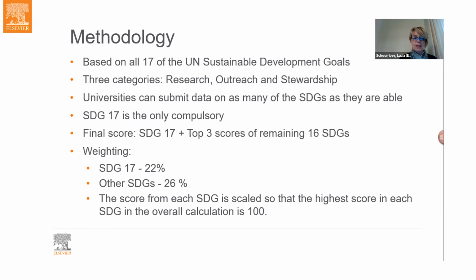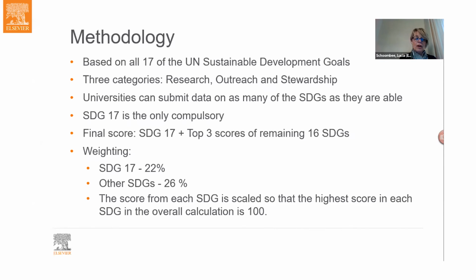SDG 17 is the only compulsory SDG that you need to participate in. The final score is calculated from SDG 17, as well as the top 3 scores of the remaining 16 SDGs.